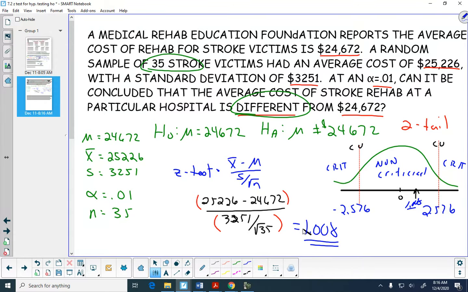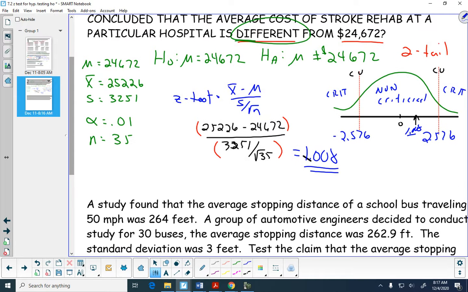So if we fall into a non-critical region, we fail to reject the null hypothesis of rehab costs of 24,672.